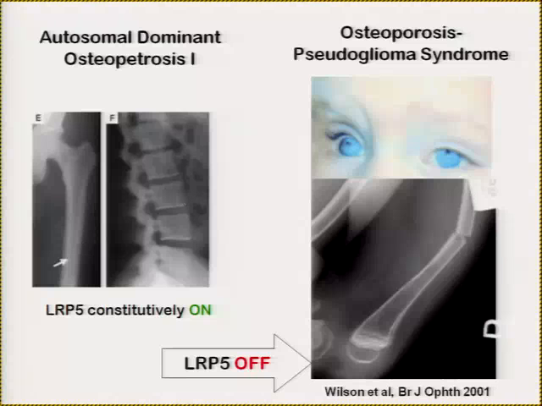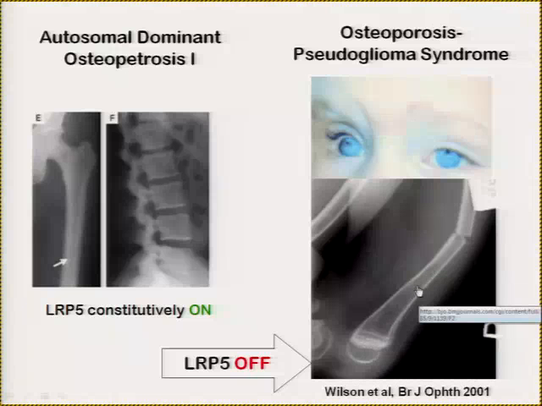A horrible disease where LRP doesn't work, where it cannot be turned on, is osteoporosis pseudoglioma syndrome. It's the same in a mouse. I could have showed you a mouse. But it causes failure of bones along with some other things that have to do with LRP. Very, very thin bones that can't support any weight at all.